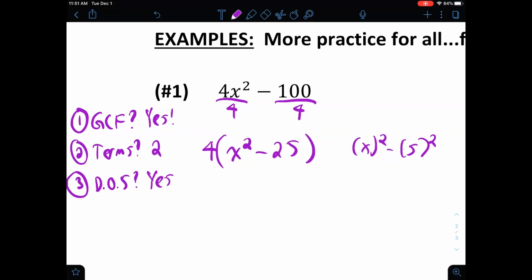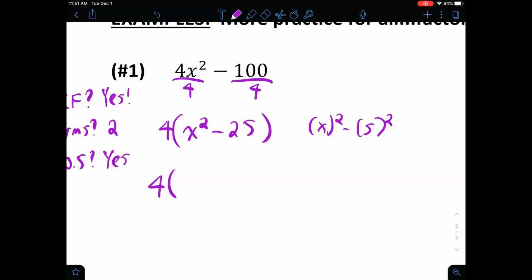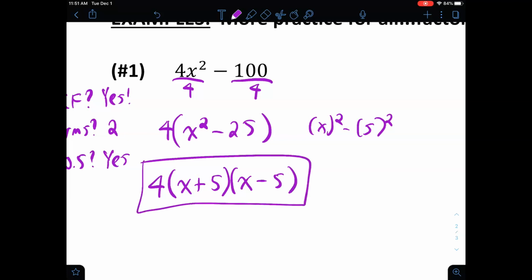And don't worry about the 4 for now. The 4 is kind of factored out. We're just worried about this middle term right here. So this is going to factor too. The shortcut is, if we have difference of squares, it's going to be the square root of the first one plus the square root of the second one, which is 5, and the square root of the first one minus the square root of the second one, which is minus 5. And there you go. That's factored.